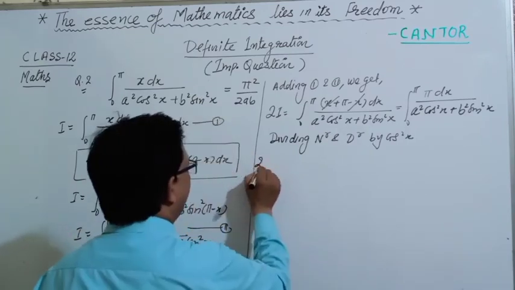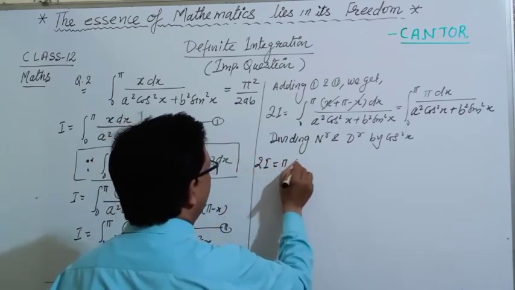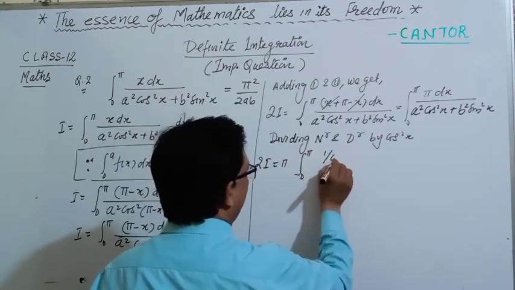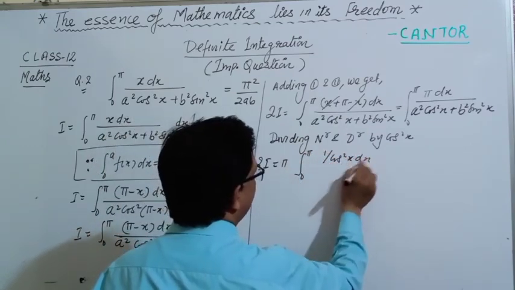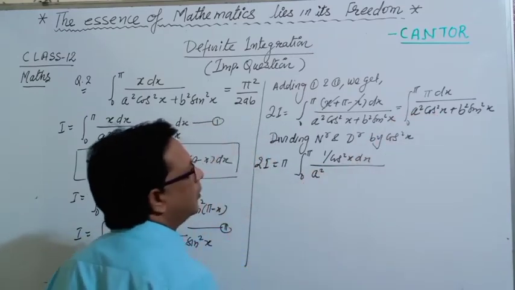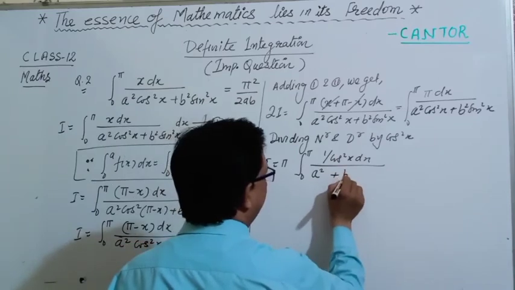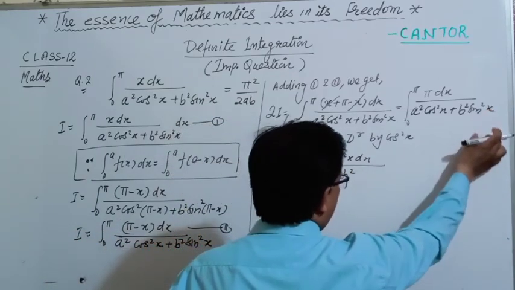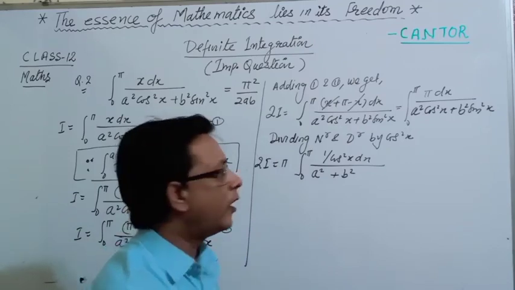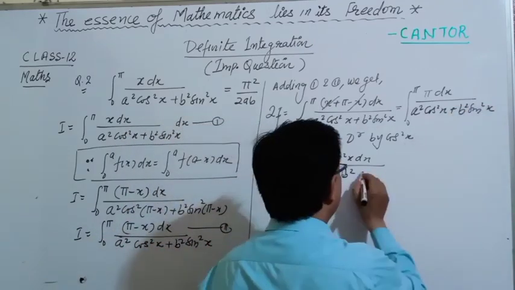So here we get I is equal to pi, which is common, times the integral from 0 to pi of 1 upon cos square x dx, and after dividing by cos square x, this becomes a square and this becomes b square sin square upon cos square x, and sin square upon cos square x is tan square.